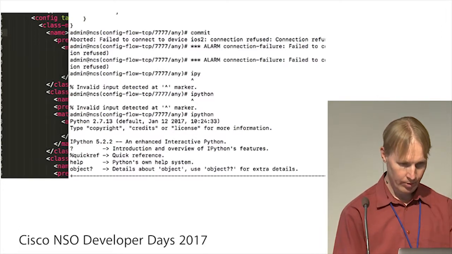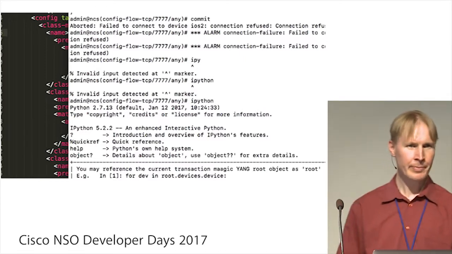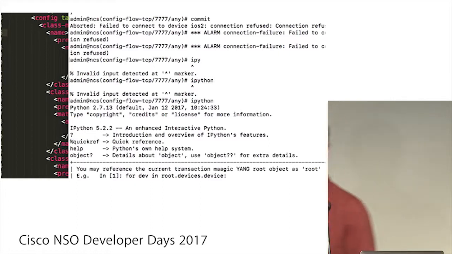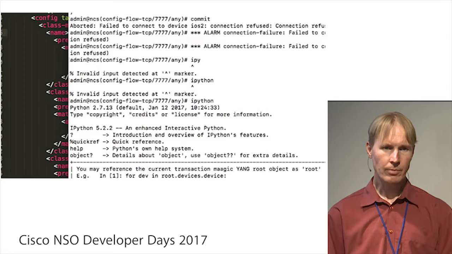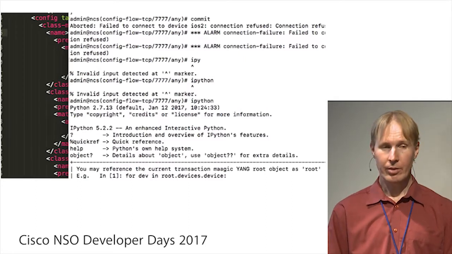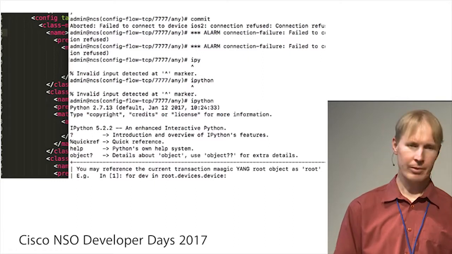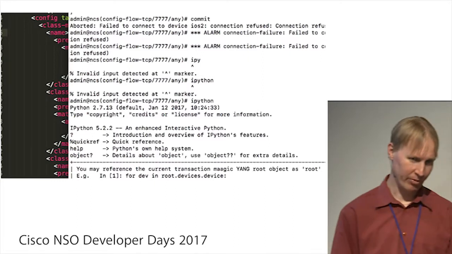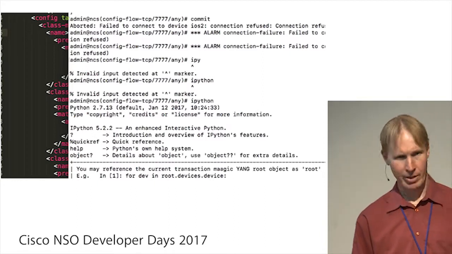Device. Print dev dot name. Then you see I have 3 devices on my system right now, iOS 0, 1, and 2. Yes? I see you're using Python 2.7. Does it matter whether 2.7 or 3.5? NSO supports both Python 2.7, at least 7, but maybe 6 or something like that, and also 3.3 and above or something like that.